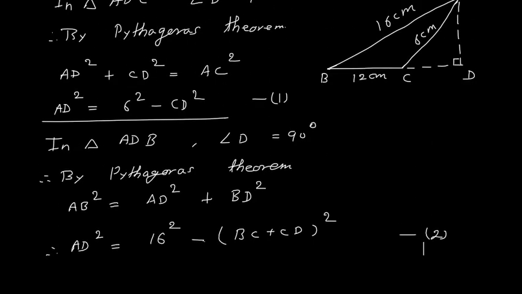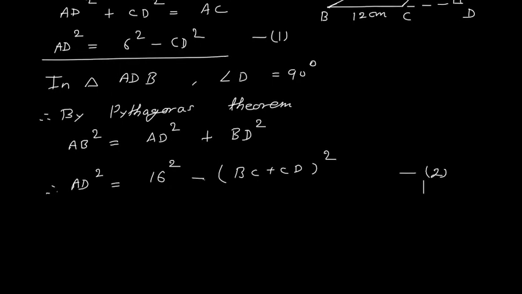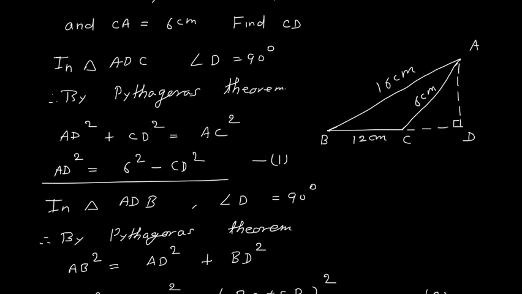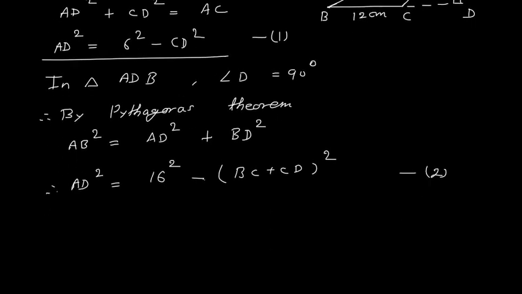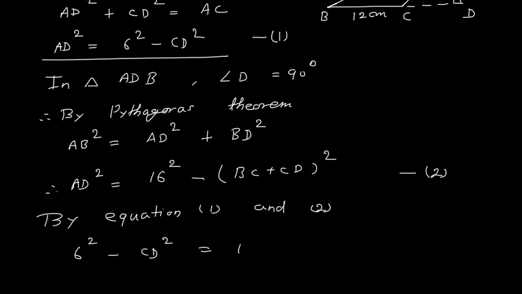Now in equation number 1, we got the value of AD square as 6 square minus CD square, and in equation 2 we get AD square as 16 square minus BC plus CD, the whole square. So by equation 1 and 2 we have 6 square minus CD square is equal to 16 square minus BC plus CD, the whole square.